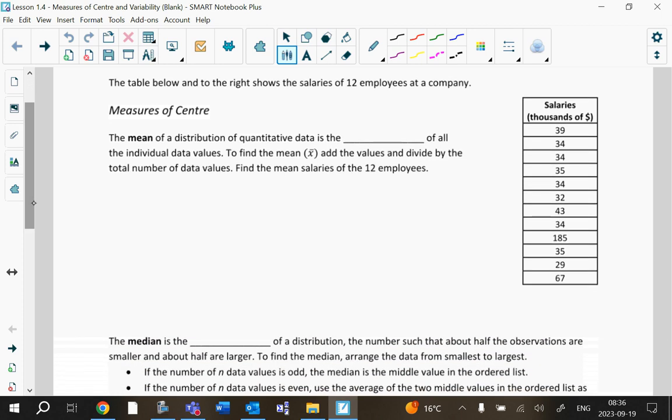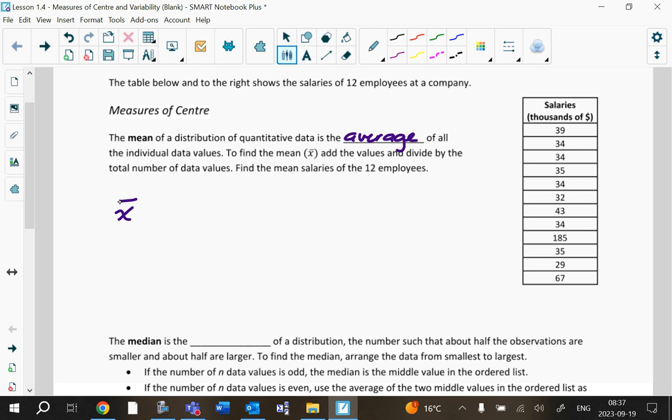So the mean of a distribution is simply the average. To find the mean, this is the symbol we use to denote the mean, x bar.